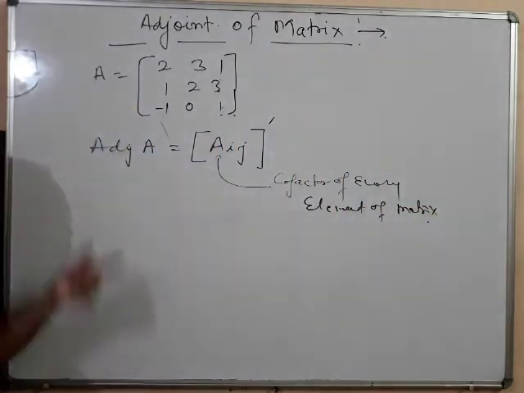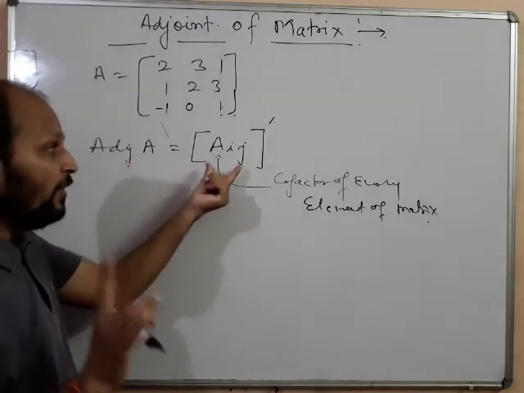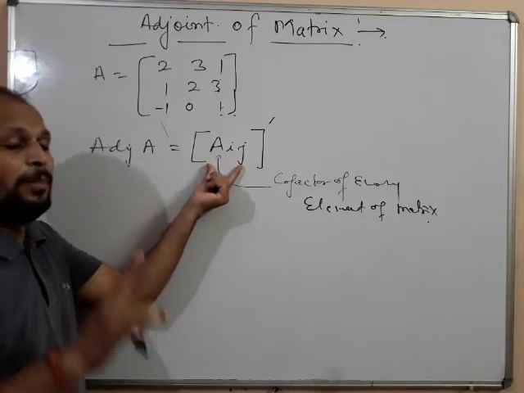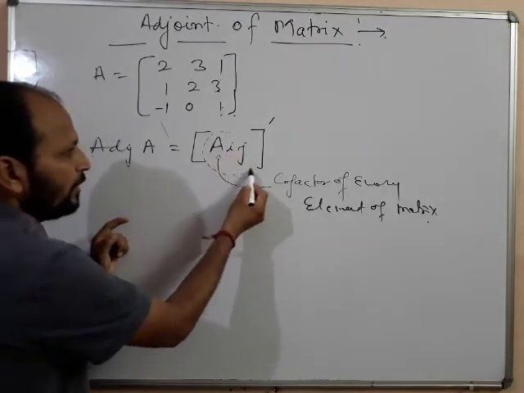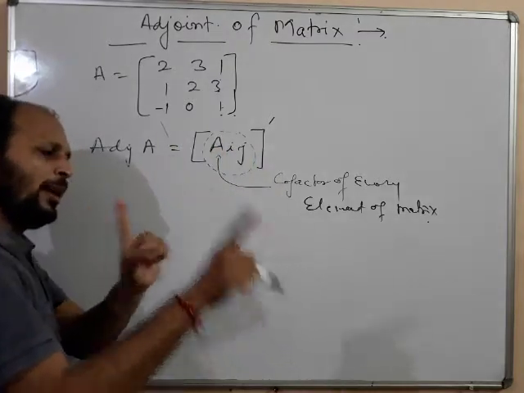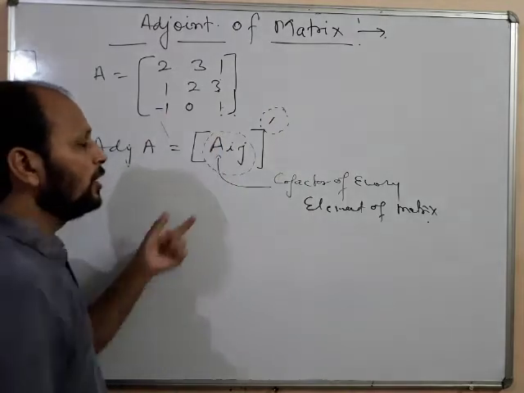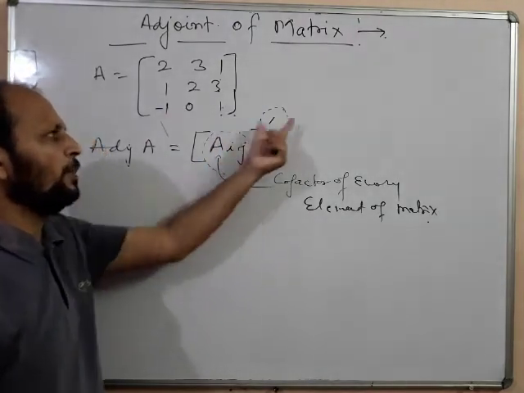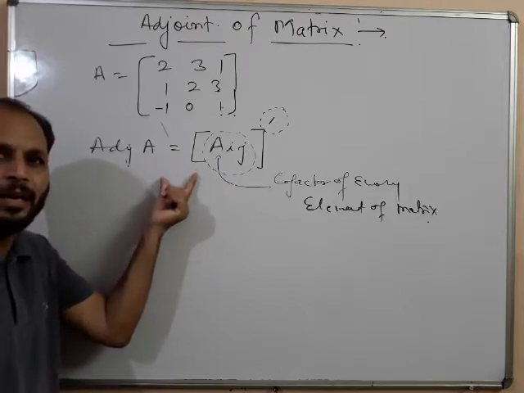Clear? If we want to find the adjoint of A, every element of the matrix will be replaced by its cofactor. After that, whatever matrix we get, we will do its transpose. After both processes, whatever result we get will be the adjoint of A.